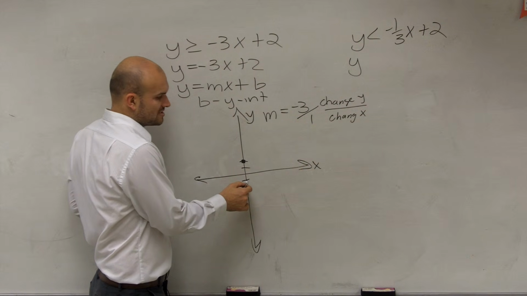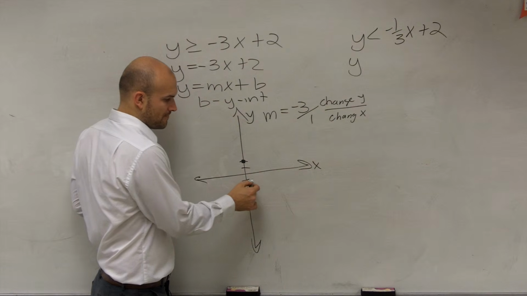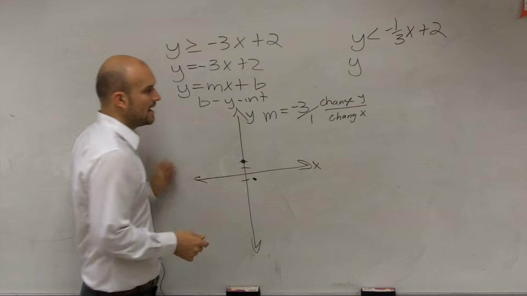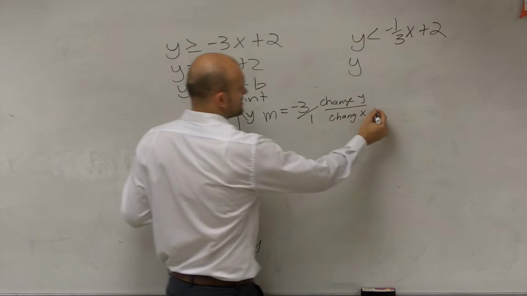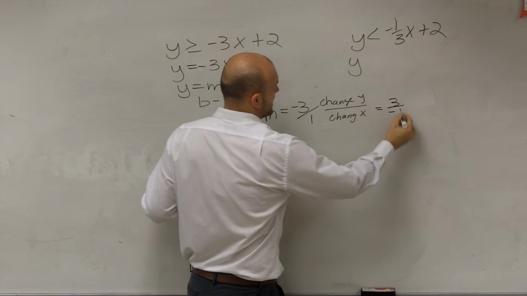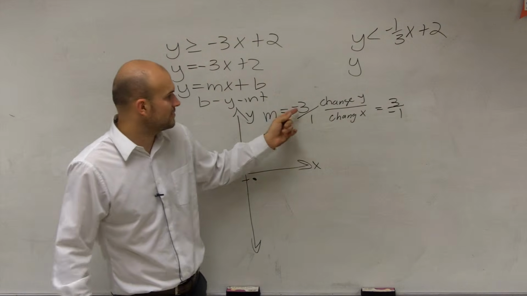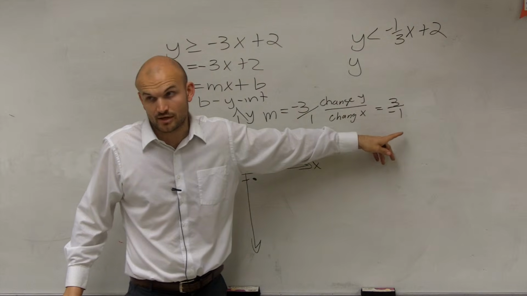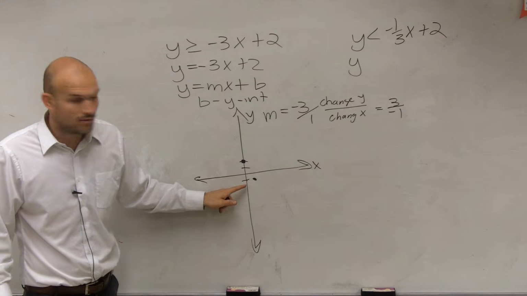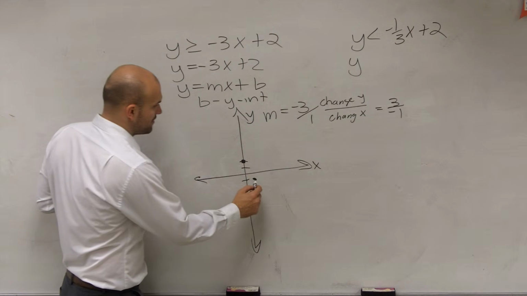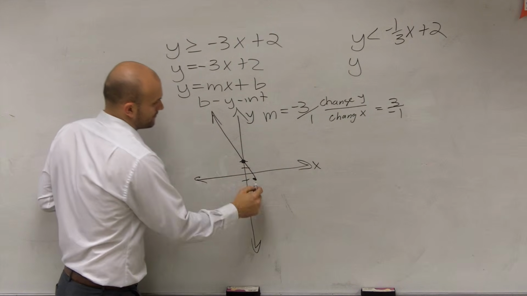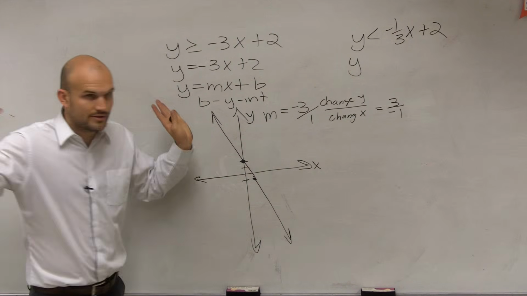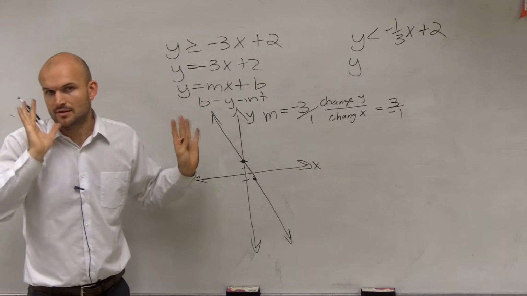Then my change in x is +1, so I'm going to go to the right one. Now, just be careful. You could also write this as 3 over -1. -3 divided by 1 is -3. 3 divided by -1 is also -3. Okay? So you guys look at it. I connect my points. There's my line. Done.